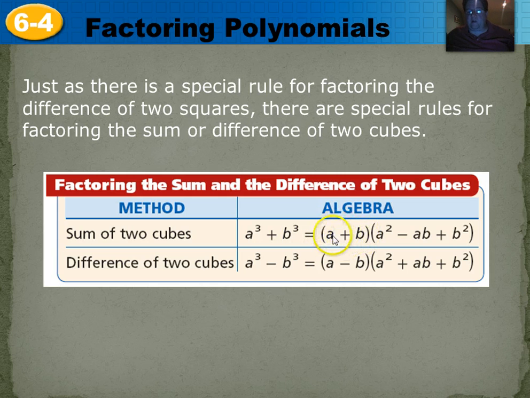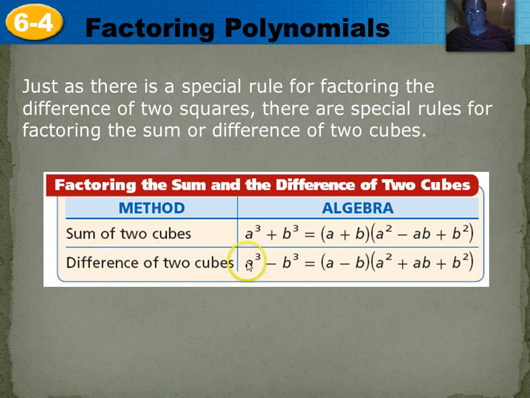Notice that the small parentheses kept the sign, and in the bigger parentheses you've got a squared minus ab plus b squared. The way I remember this is it's almost a perfect square, except normally you would have a 2ab here, but this time there's no 2, it's just a single ab.